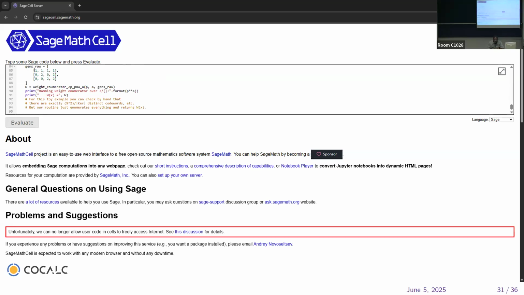Here you put the generator matrix. You put it here. Okay, you compute.